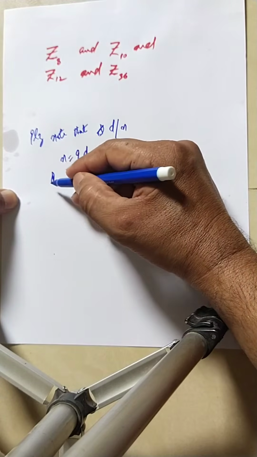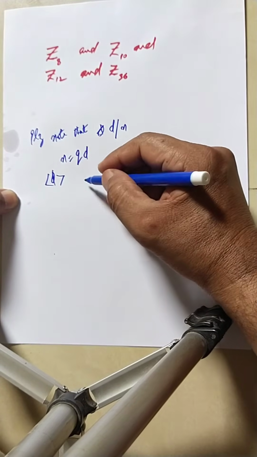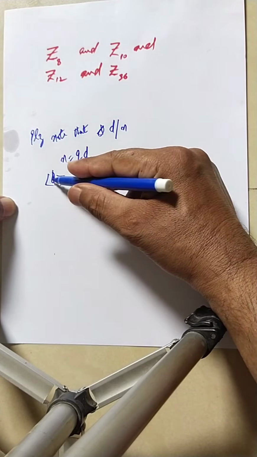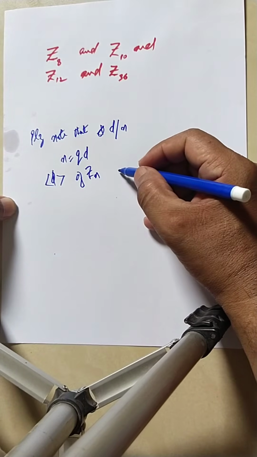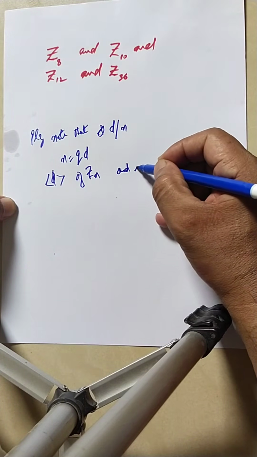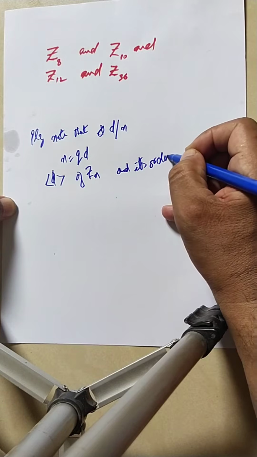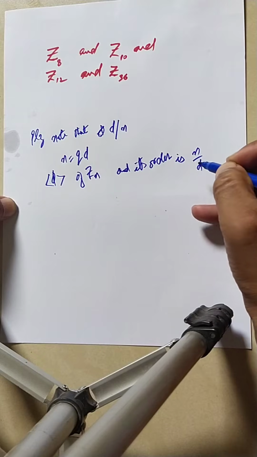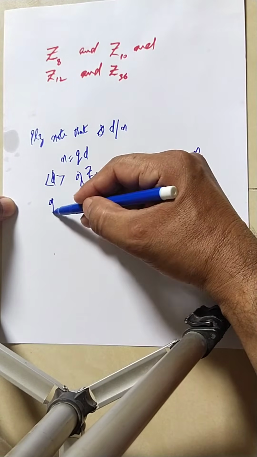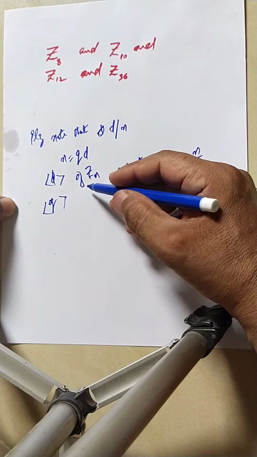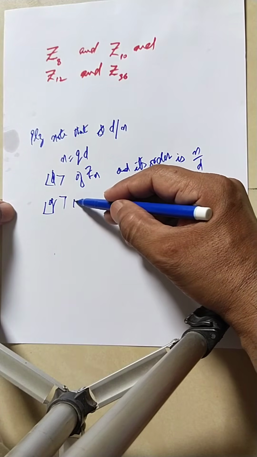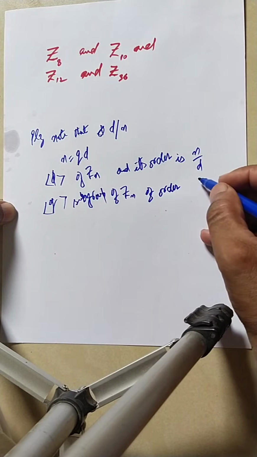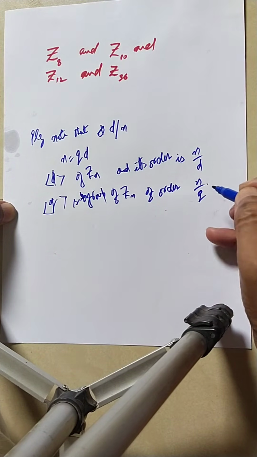Then d generates a subgroup of Zn. Obviously it is an ideal and its order is n by d, and q also generates another subgroup of Zn and its order is n by q.